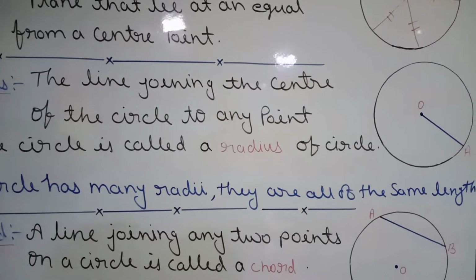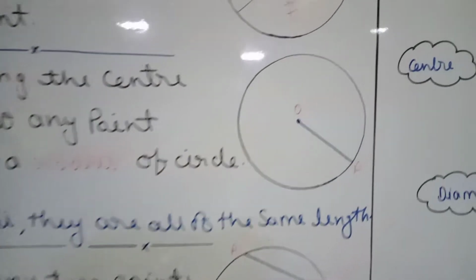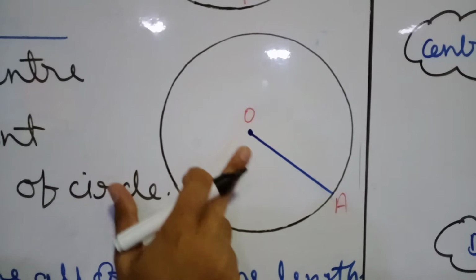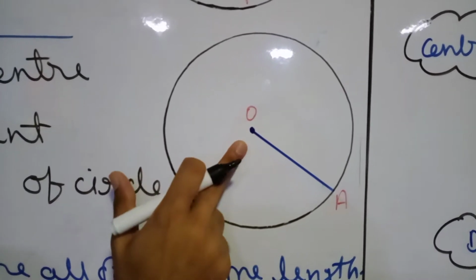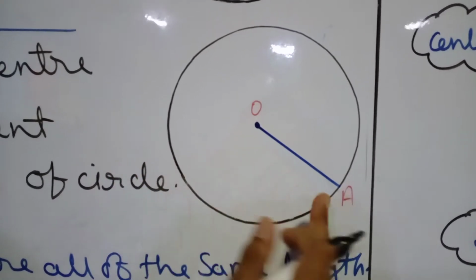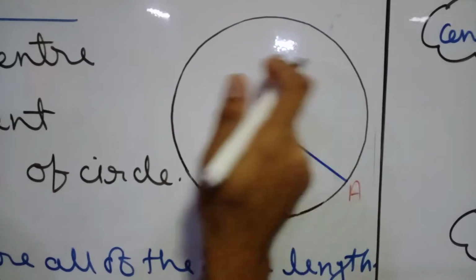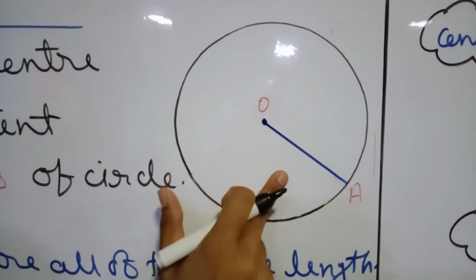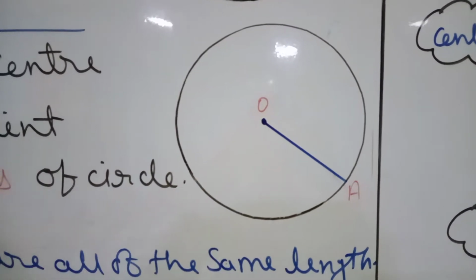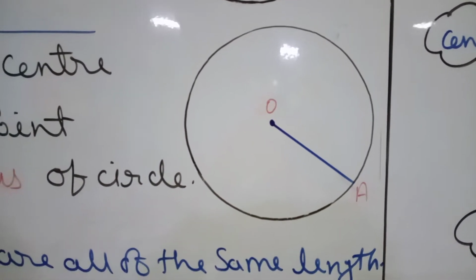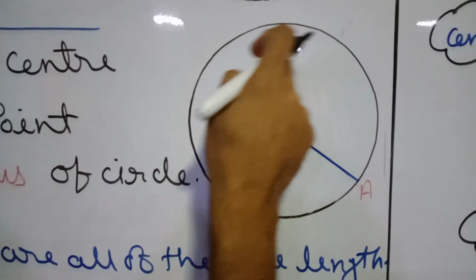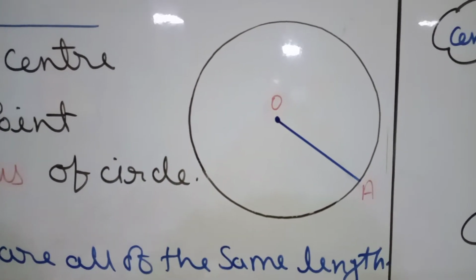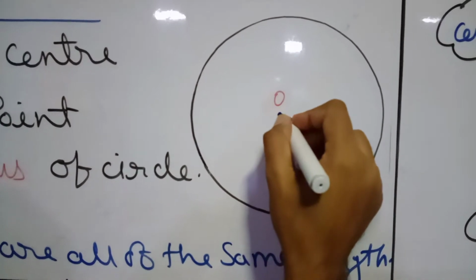You can see here we have a circle. This line segment OA is joining the center O of the circle to the point A on the circle. So this line segment OA is called a radius of the circle. How many radii are there in a circle? There are various radii.